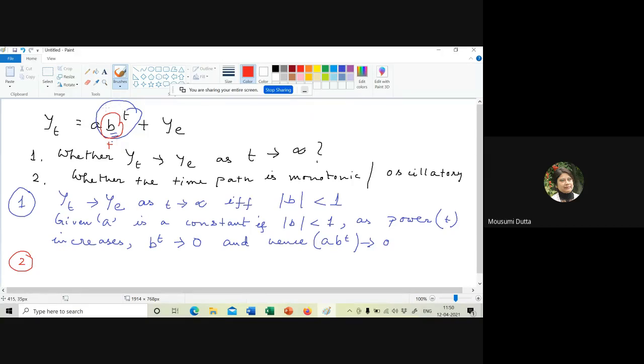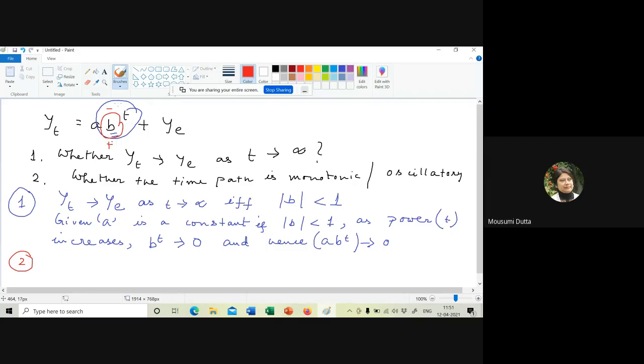However, if this b is negative, in that case, for the odd power, this b to the power t is negative. However, for the even power, this b to the power t will be positive. Again, I am repeating. If b is positive, both for the even and odd power, the direction of b to the power t will remain same.